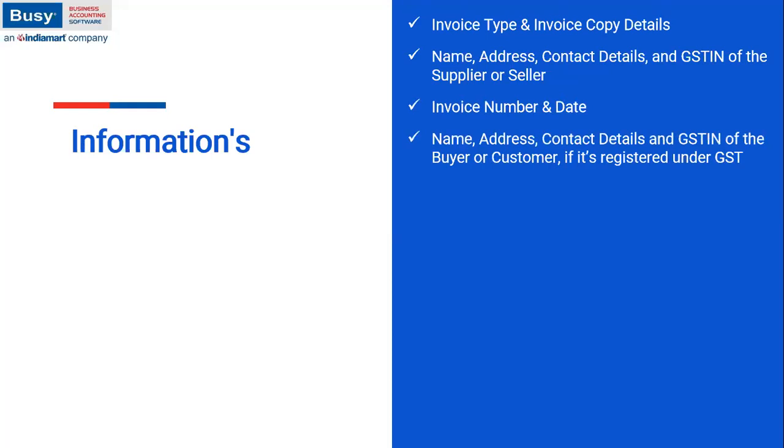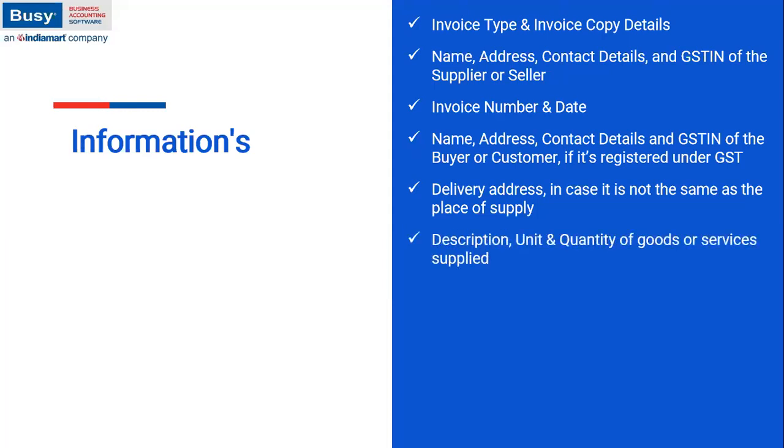The name, address, contact details, and GSTN of the buyer or customer, if registered under GST, are also printed on that invoice copy. Then we have the delivery address in case it is not the same as the place of supply. Suppose the billing address and delivery address are different. In that scenario, the delivery address is also printed on that invoice copy.